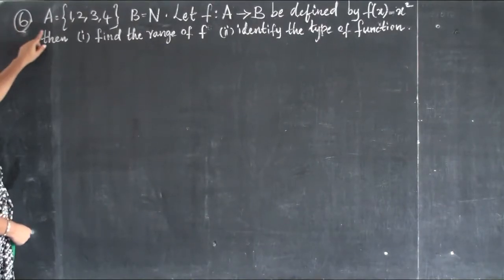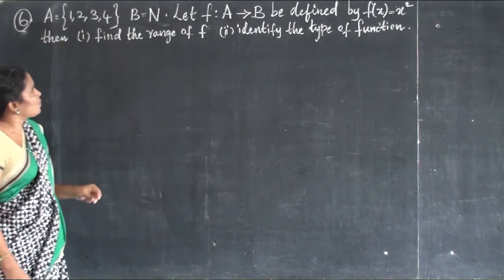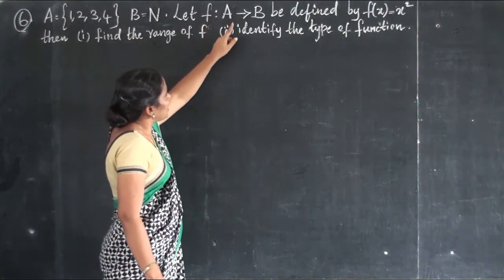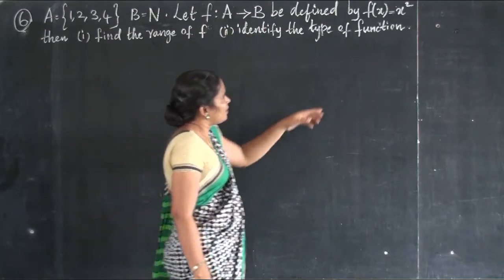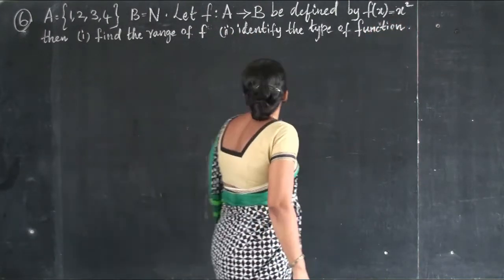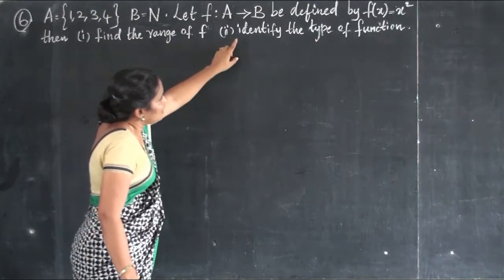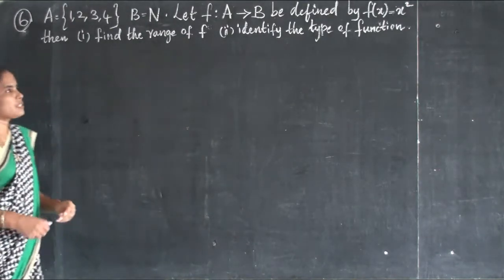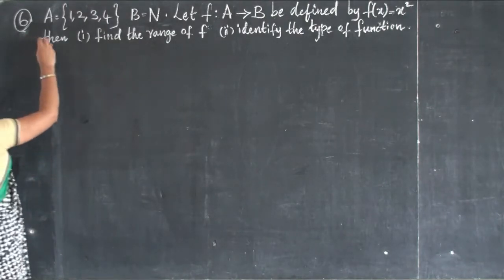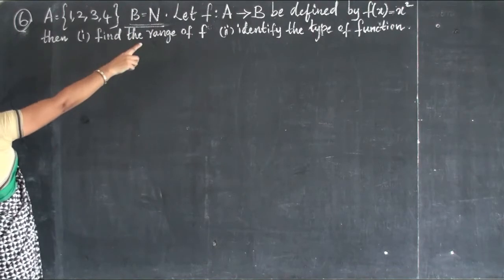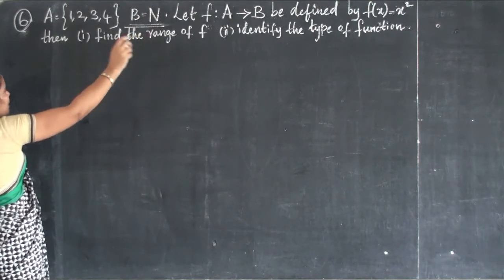Question number 6. A is equal to 1, 2, 3, 4 and B is equal to N. Let f such that A to B be defined by f of x is equal to x square. Then find the range of f and identify the type of function. B is equal to N, you can take natural numbers.